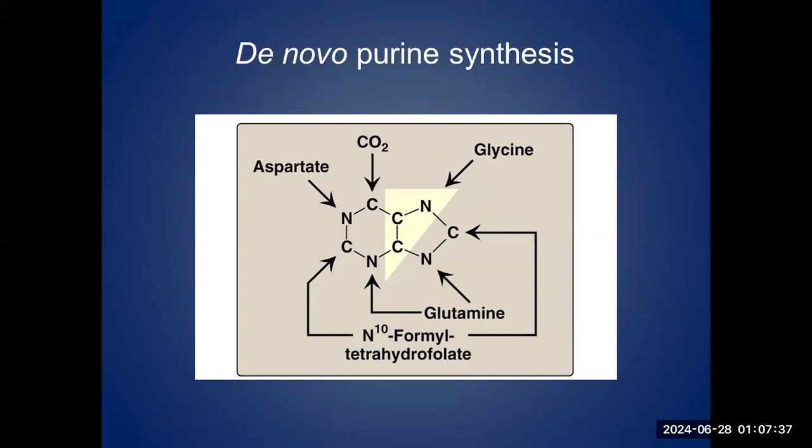You can see right here, nitrogen number 1 is donated by aspartate, carbon number 2 and carbon number 8 are donated by N10 formyl tetrahydrofolic acid. Then carbon number 6 is donated by carbon dioxide. Nitrogen number 3 and nitrogen number 9 are contributed by glutamine.